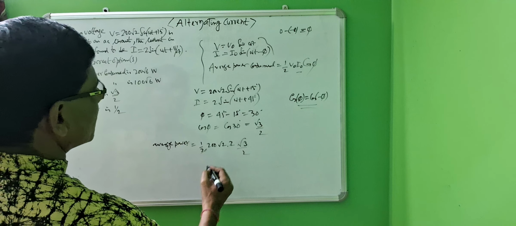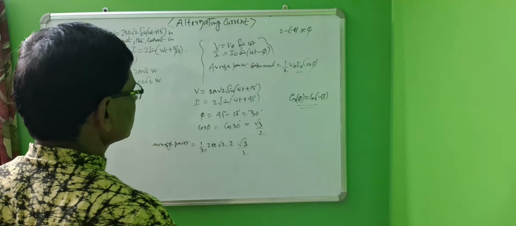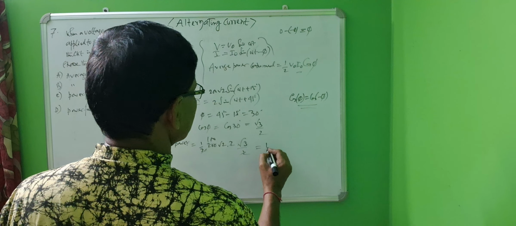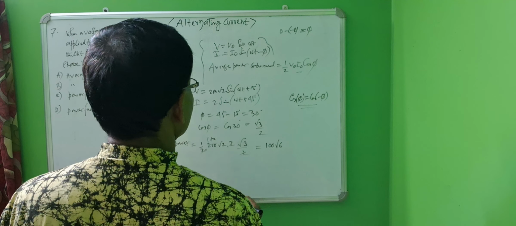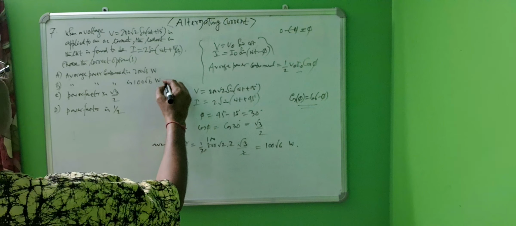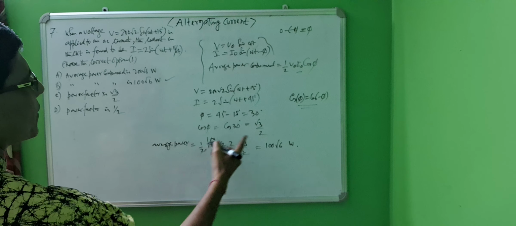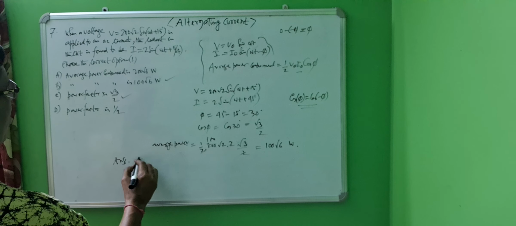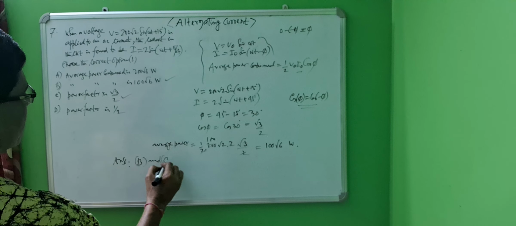So this is cutting out, and we get 200 root 6 watt. So B is the answer, and power factor is root 3 by 2, so C is also an answer. Answer B and C.